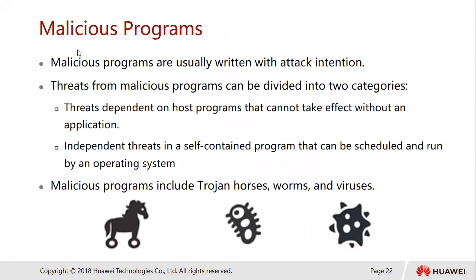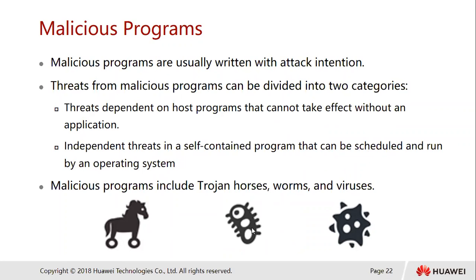All right, so malicious programs, we have explained about these. Malicious programs are usually written with attack intention, and we can divide them into two categories. The first one is threats dependent on host programs that cannot take effect without an application. And then we have independent threats, a self-contained program that can be scheduled and run by an operating system.